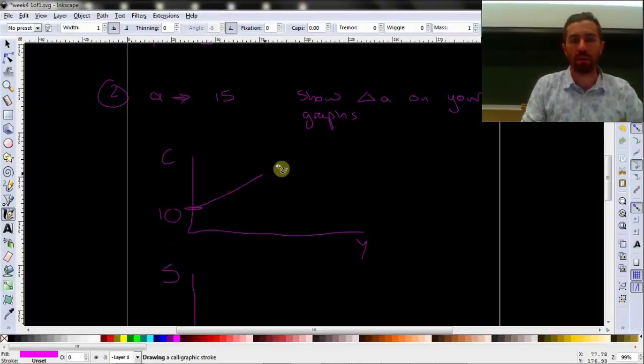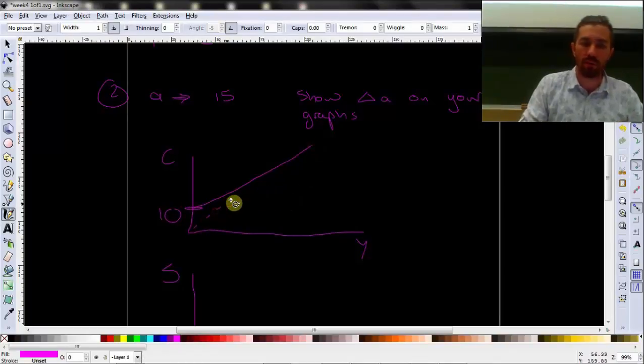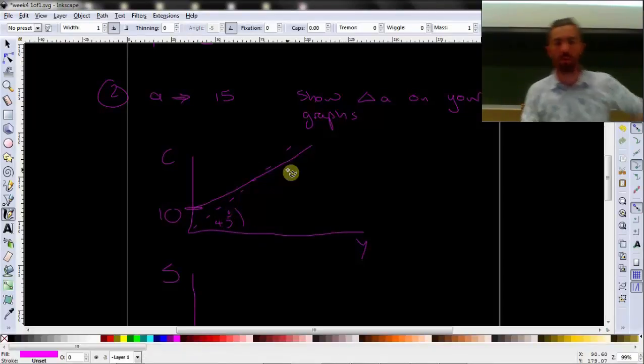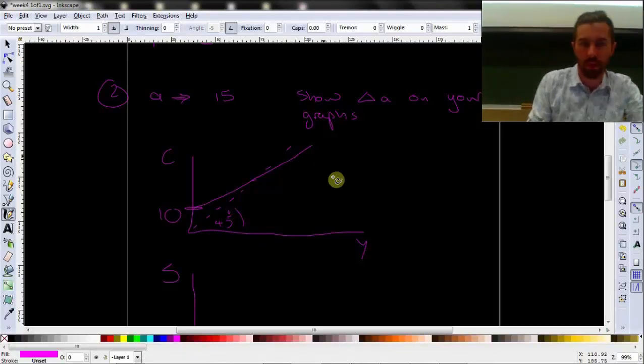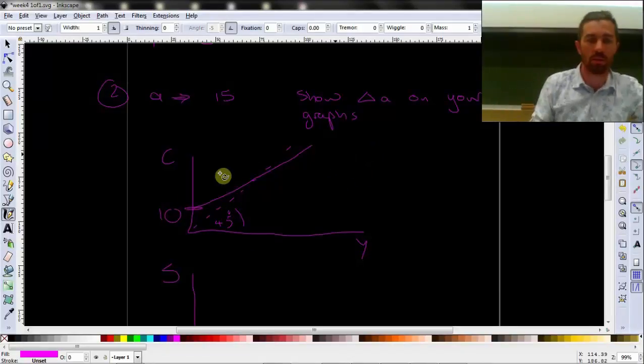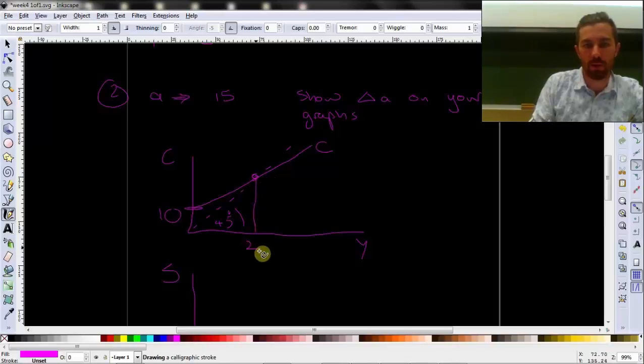From this point, it then increases. If we include our 45-degree line, so this is 45 degrees. I see it is actually a little bit jumpy in this program. It's just smoothed nicely, which is obviously something to do with the tablet. So consumption, this intercept should be at a point where y equals 20.